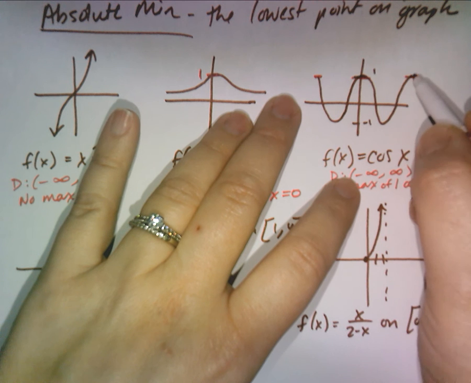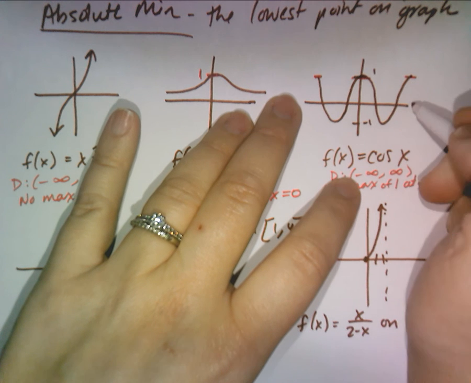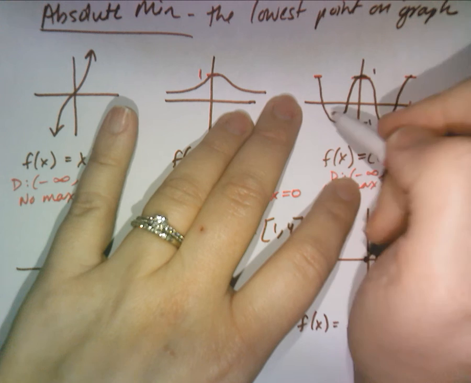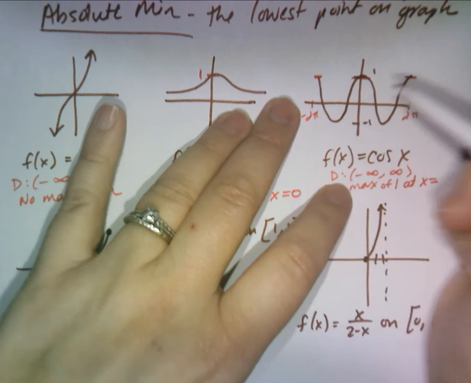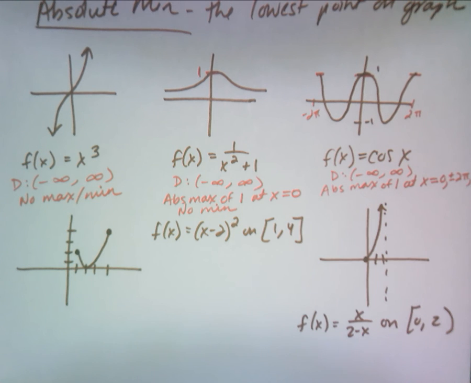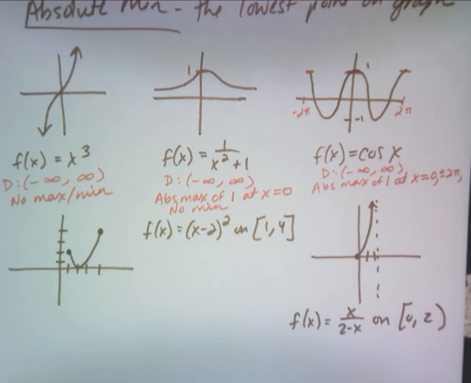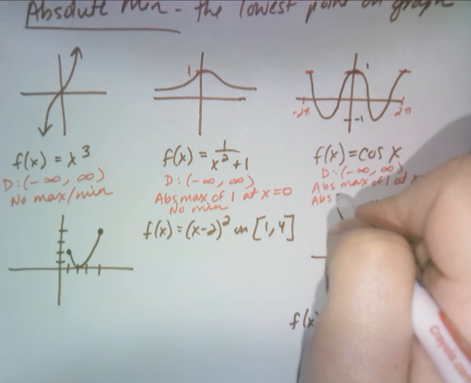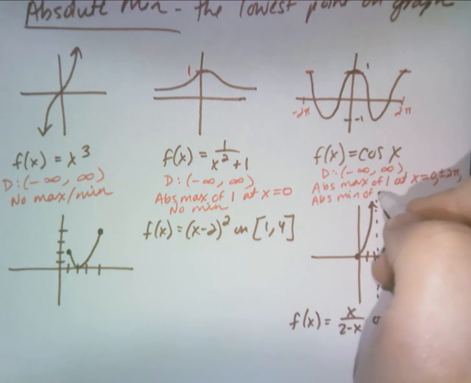Close, 2 pi. Also at negative 2 pi. So at 0, at plus or minus 2 pi, at plus or minus 4 pi, et cetera, because it's cyclical. It's off the unit circle. Is there a min in this picture? Yes, there is an absolute min of negative 1.